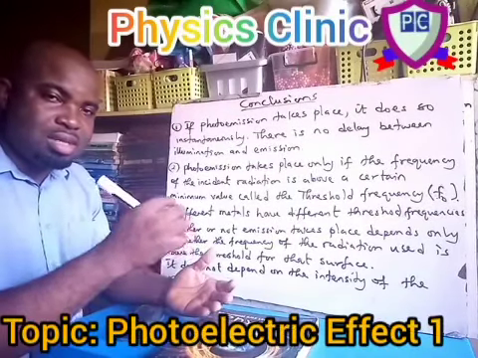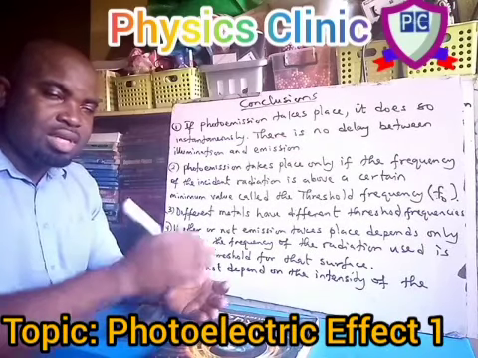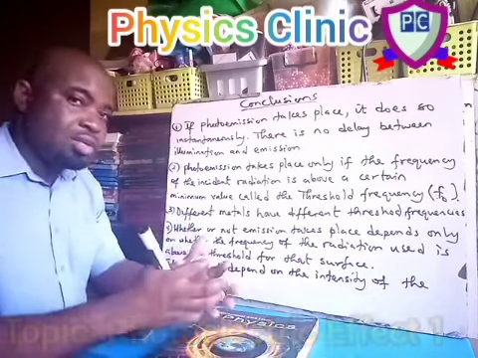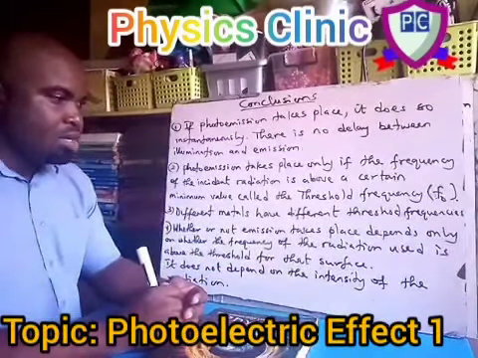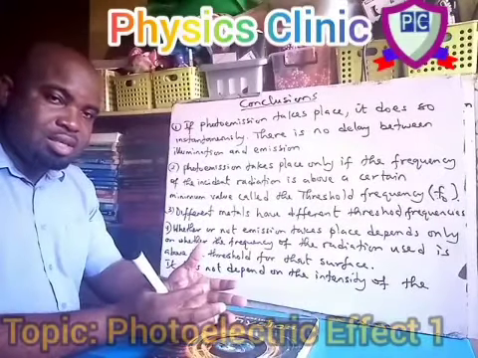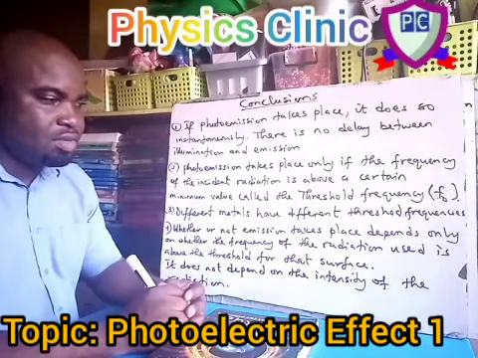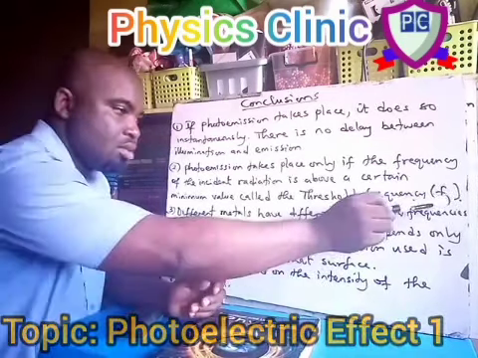But once the frequency of the incident radiation is equal to or greater than this minimum value, electrons are seen to be ejected from the metal surface. So this minimum frequency that is required for electrons to leave the metal surface is what we refer to as the threshold frequency, symbol f0.